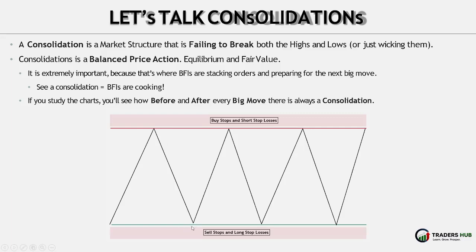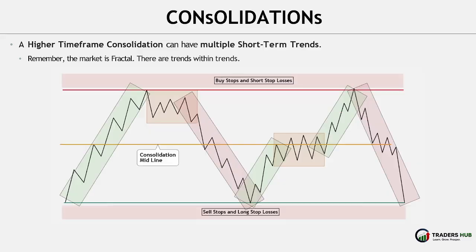Retrace to this area again, resisted to break this zone. Again, finding a ceiling, finding a floor, finding a ceiling, finding a floor. You can see that there is no clear direction for this. Okay?